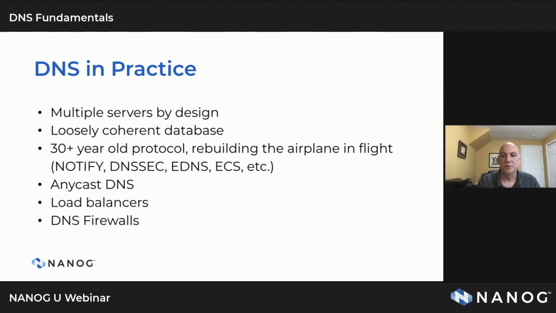And notify is a mechanism by which those existing timers are automatically tripped to 0. And the primary sends out a notification that, hey, you secondary, please check in with me because probably I have newer data than you.